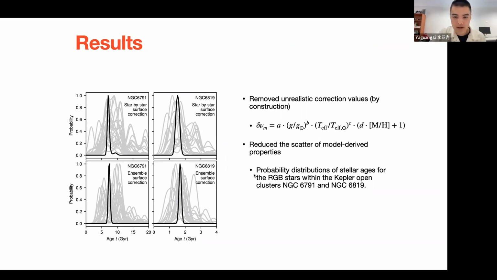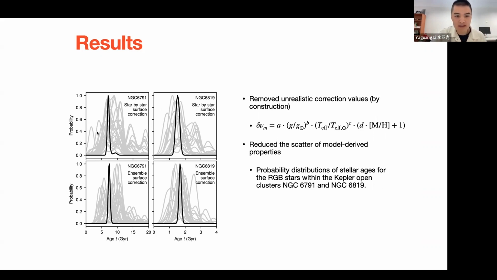So here I am showing the probability distributions of stellar ages for the RGB stars observed by Kepler. The left panel is one cluster and the right panel is another cluster. The top row is doing the surface correction in the usual way, star by star. And the bottom row is where we do the surface correction in an ensemble way, making the surface correction vary smoothly across the HR diagram.